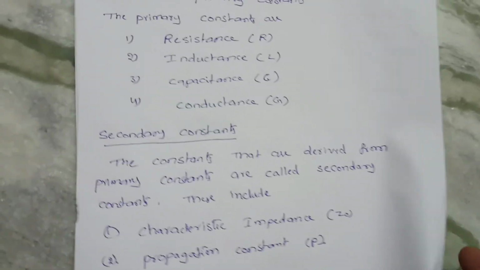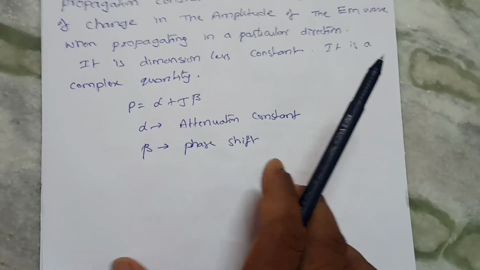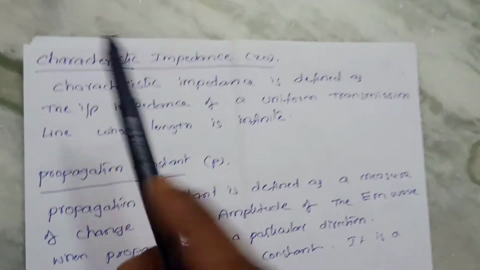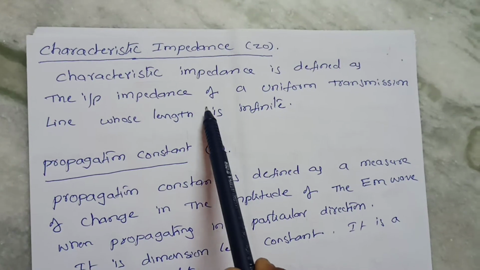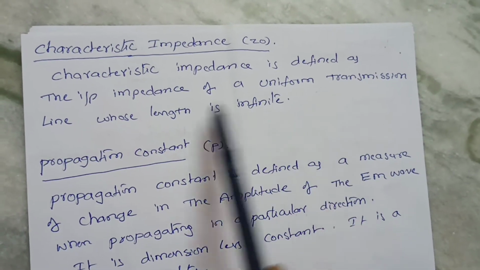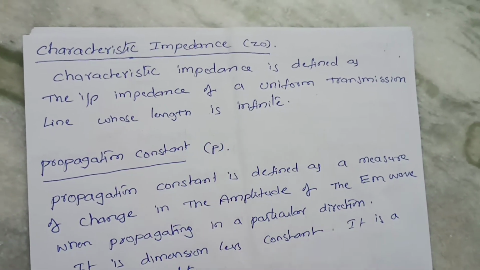Coming to characteristic impedance. Characteristic impedance is defined as the input impedance of a uniform transmission line whose length is infinite.